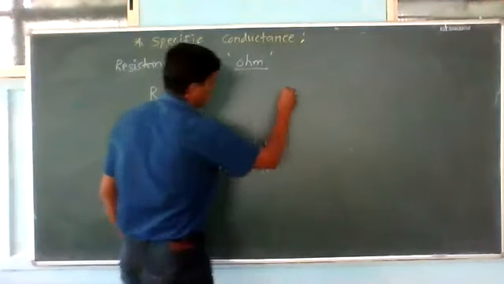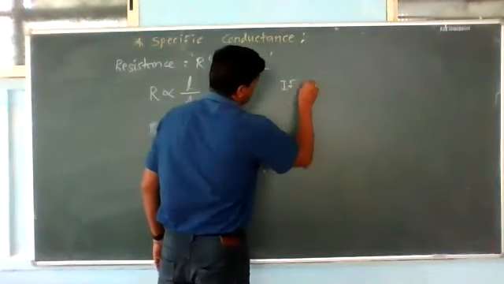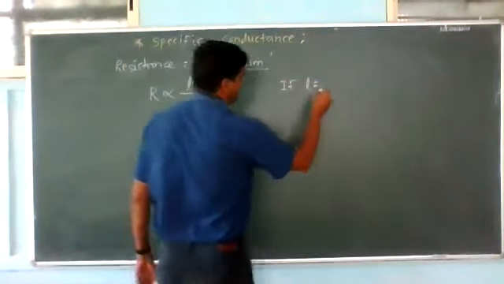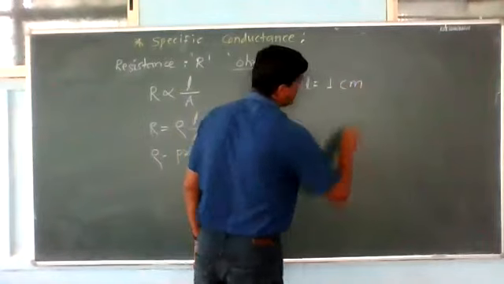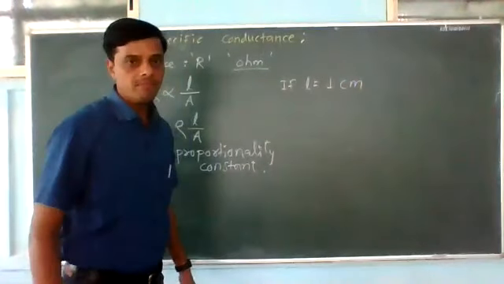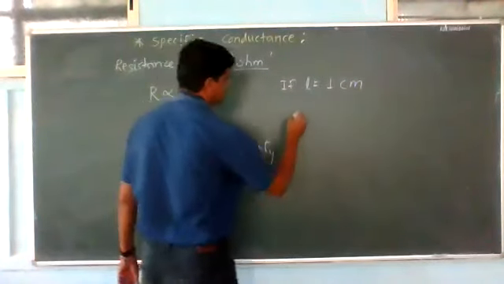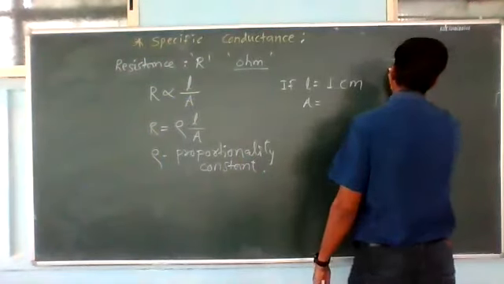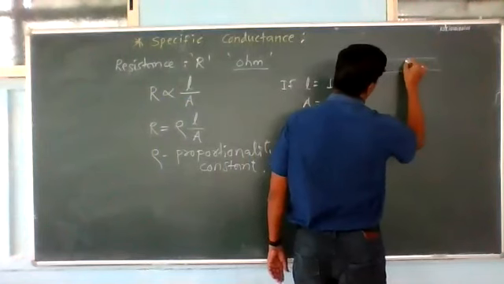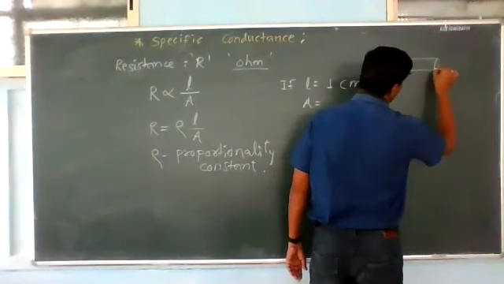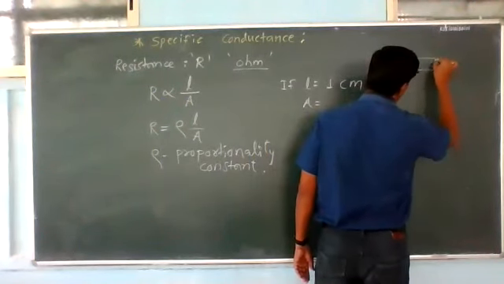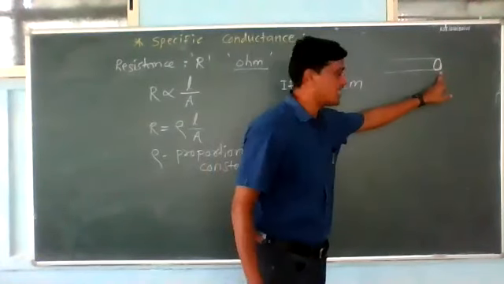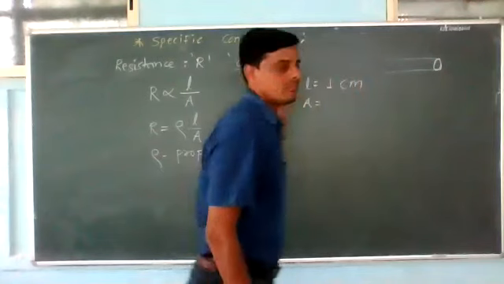If the length of the conductor is 1 centimeter, and area of cross section means if suppose this is the conductor and this is the overall area of cross section of this conductor, if the area is greater, then the resistance will be smaller.